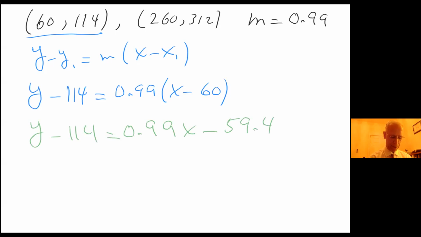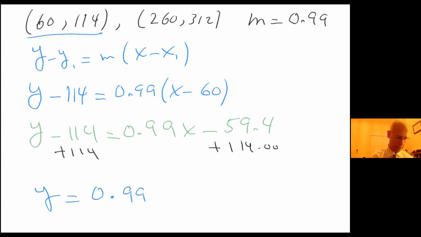Adding 114 to both sides, now I have y equals 0.99x plus 54.6. And so the question was telling us to find C as a function of x.